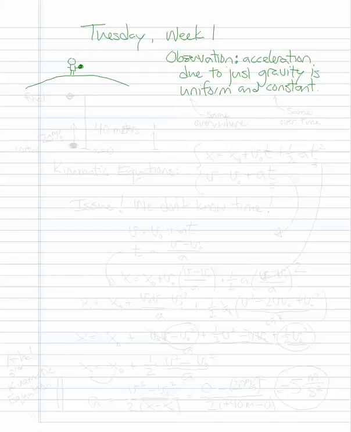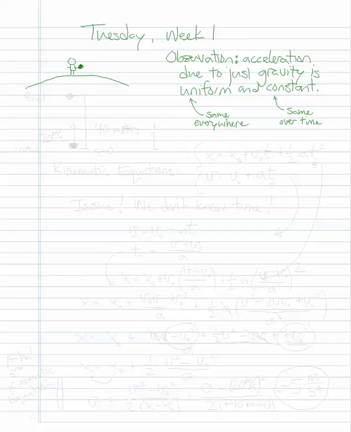You might hear me use these words more in this class. I use the word uniform to mean the same everywhere, meaning at all points in the ball's trajectory, and constant means the same over time. So if the ball flies upward and then 2 seconds pass, the acceleration due to gravity is still the same.